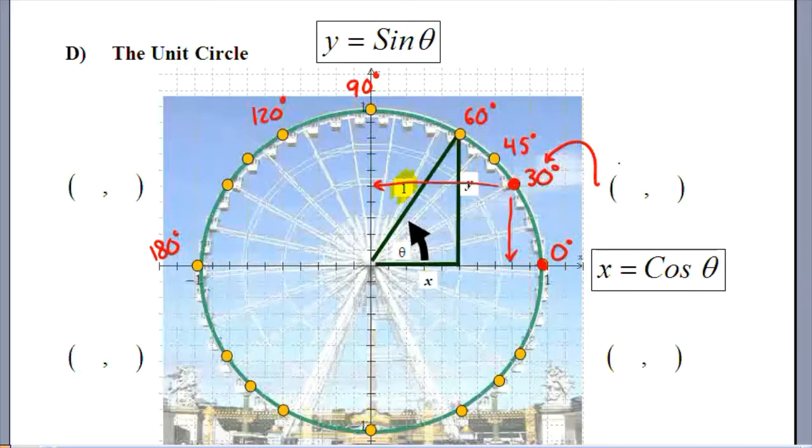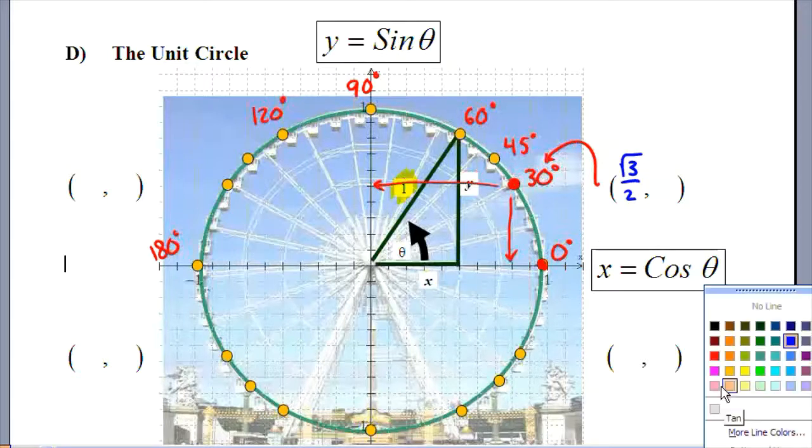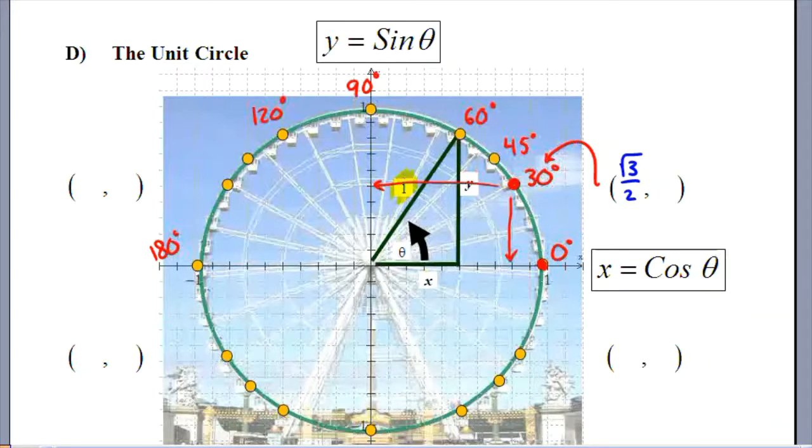It ends up being exactly root 3 over 2. That's the cosine of 30 degrees. And the y value, that one we can actually see nicely. It's exactly 0.5, if 1 would be all the way up there. So the sine of 30 degrees is going to be 1/2 because it's telling you about that y value of that point that I've drawn in there in red.